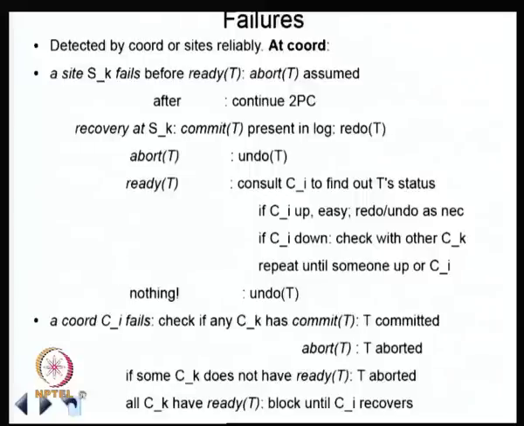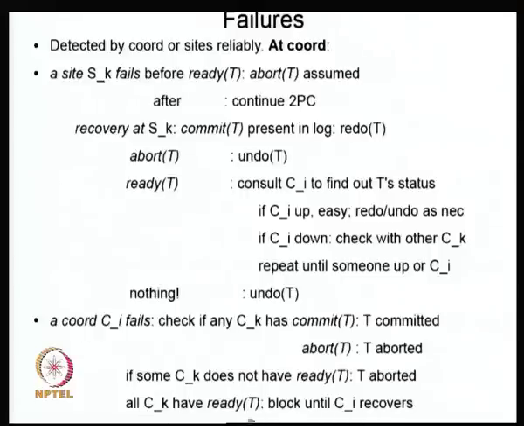Now the only problem is if all the other sites have ready T, but we don't know what the coordinator was thinking, because the coordinator also would have been doing some part of the transaction. It may have decided to abort itself, or it might have decided to commit if everybody else agrees. Because of that, you really have to block till the coordinator recovers.